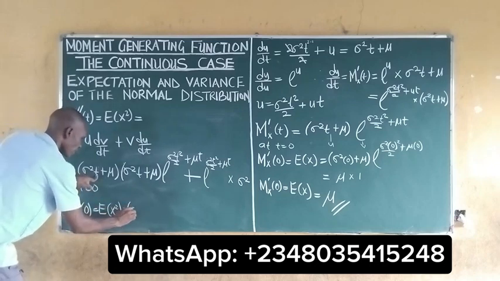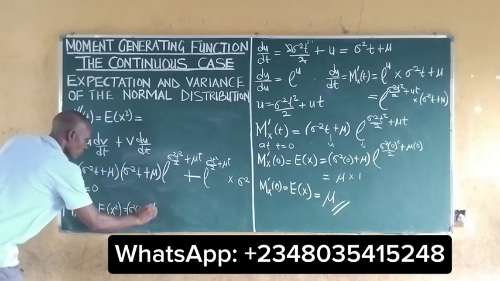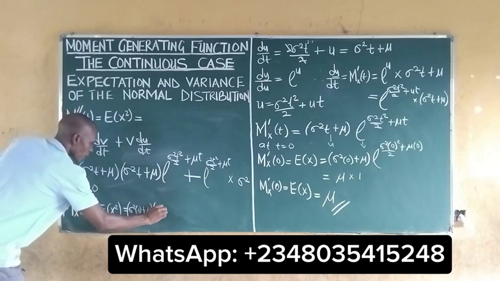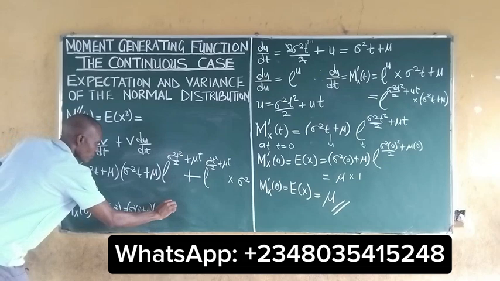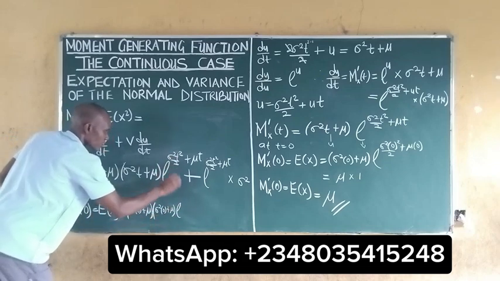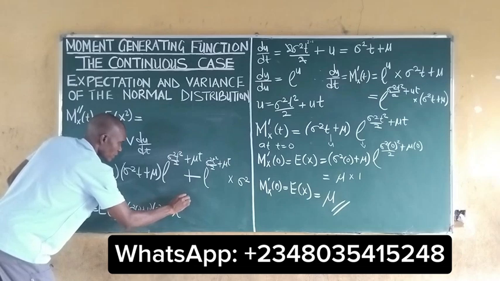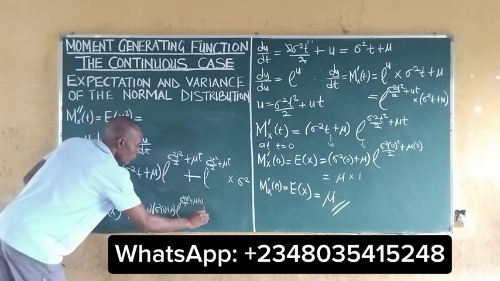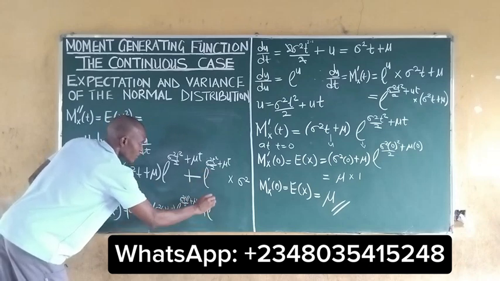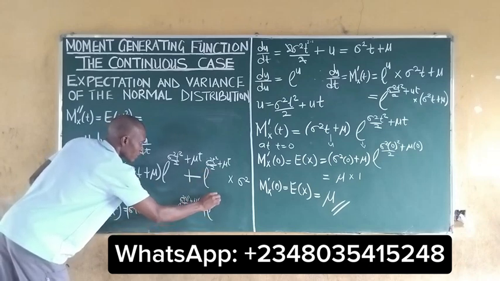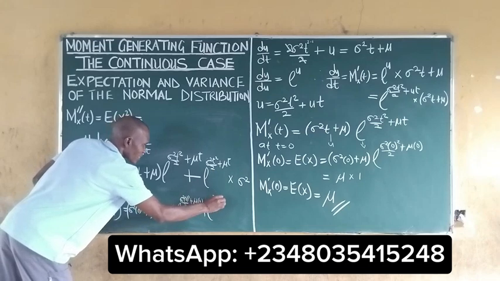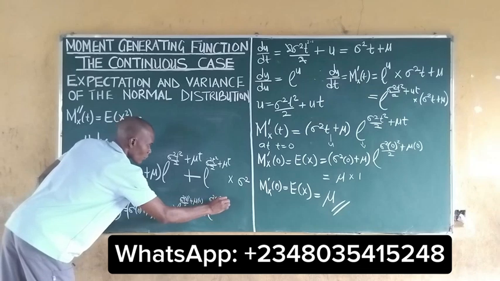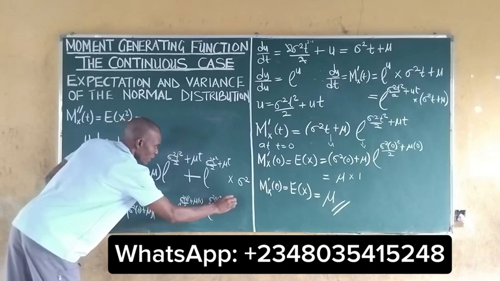So we'll have sigma squared multiplied by 0 plus mu, and exponential sigma squared 0 squared over 2 plus mu multiplied by 0, plus sigma squared 0 squared over 2 plus mu multiplied by 0.